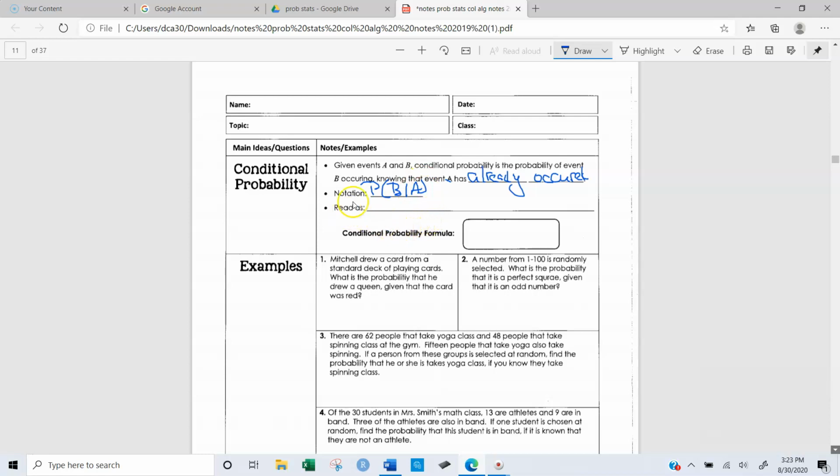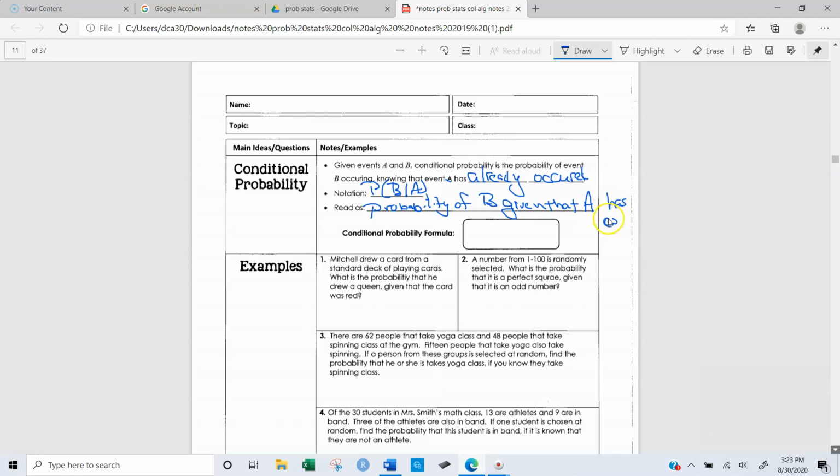That's read the probability of B given that A has occurred.